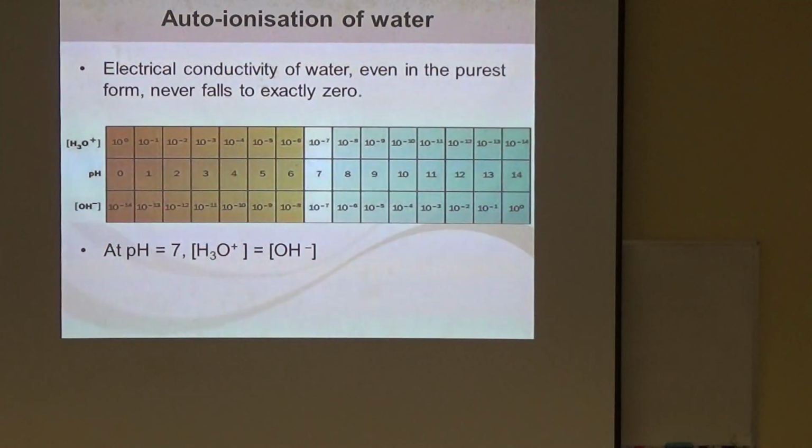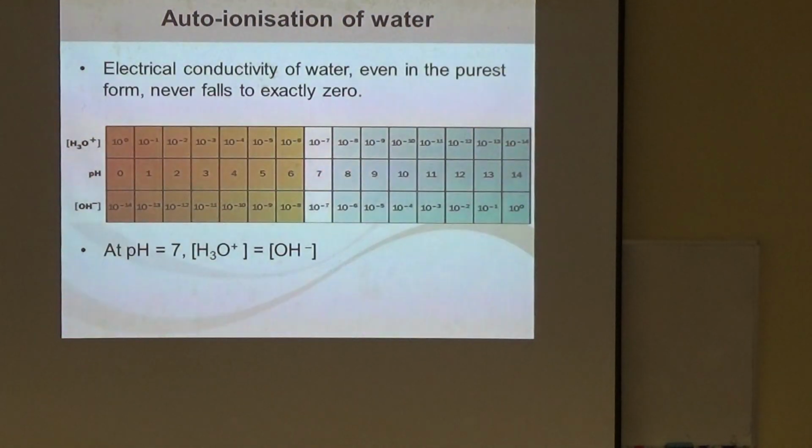Now, let's look at the next one. Electrical conductivity. This to me is interesting because it actually has some application. Electrical conductivity of water, even in the purest form, never falls exactly to 0, because at neutral, pH 7, the concentration of H3O plus is equal to OH minus.